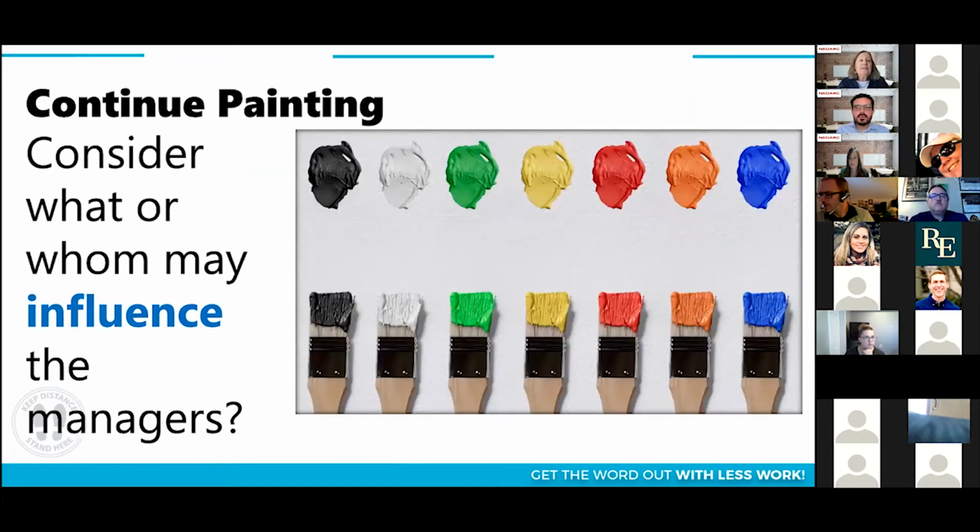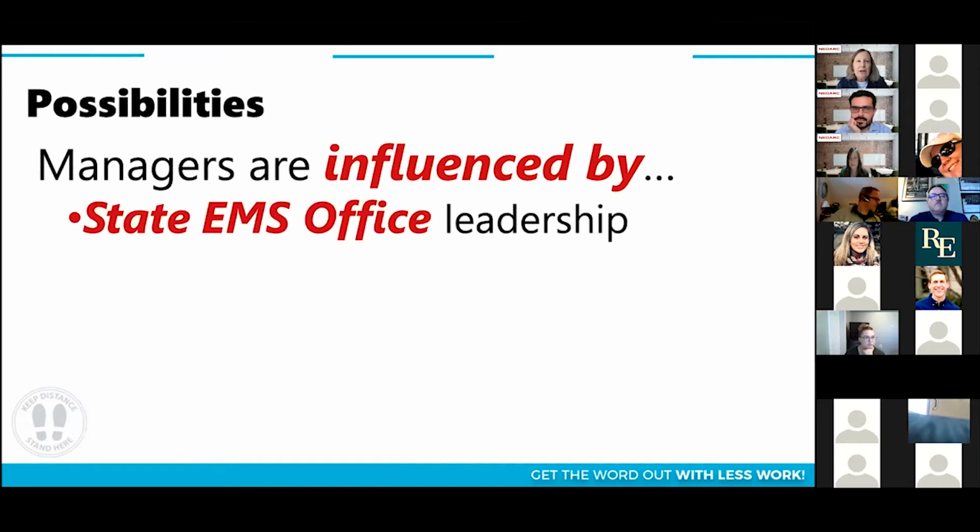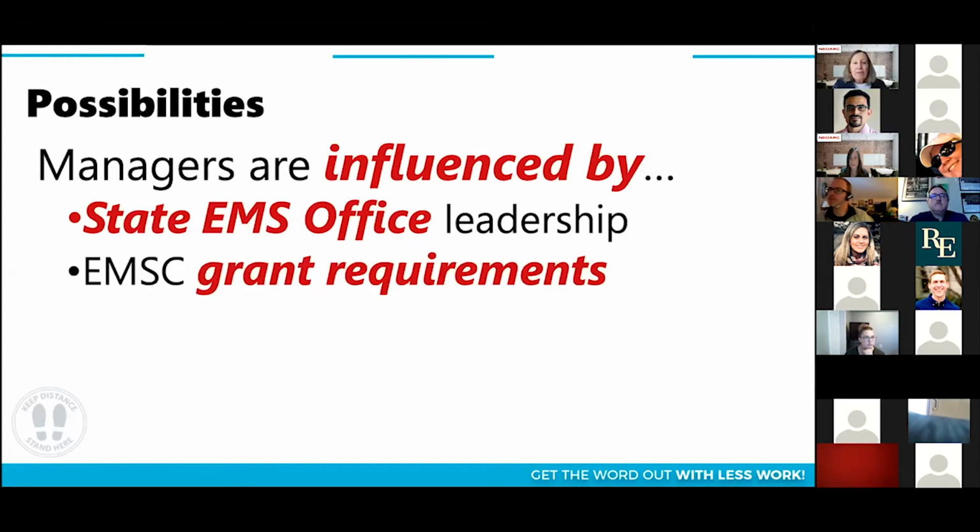We wanted to continue painting and we wanted to look at one more area. What are some things that would influence your work, make it easier or harder to get your job done? So we thought, well, your EMSC state leadership probably is an important audience or someone who can influence you. Many of you are located in state EMS offices. So again, that would be important. You have grant requirements.